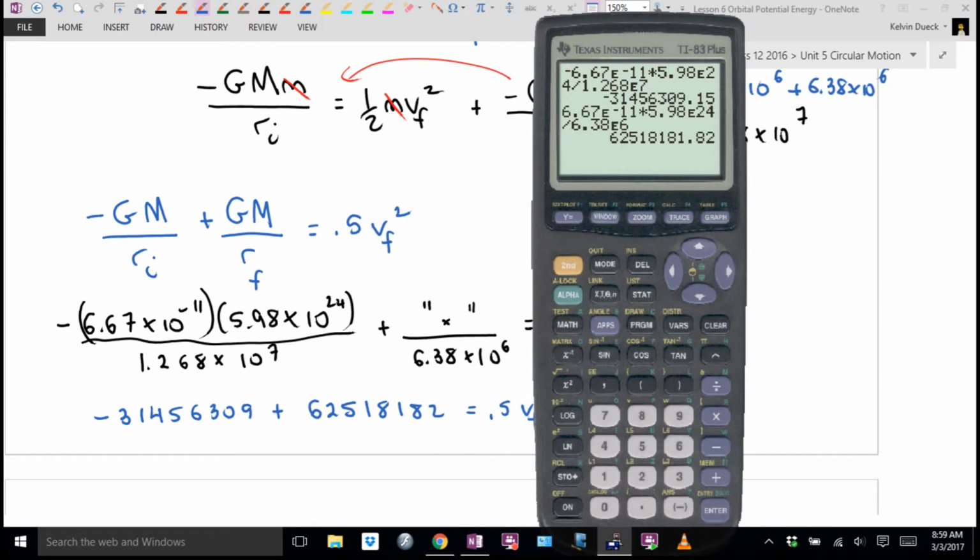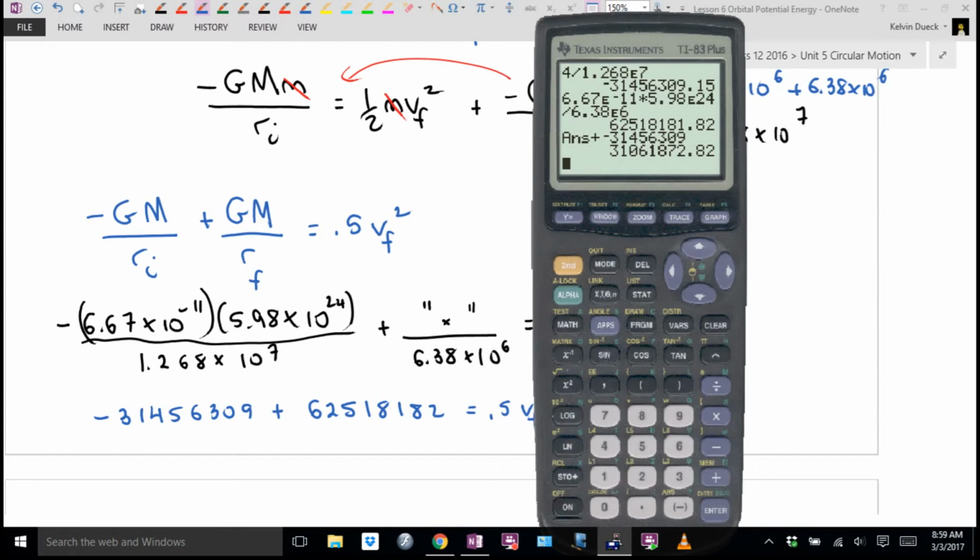So I want to go that number plus negative 3145639. That's the left-hand side of the equation. And now get the V by itself.